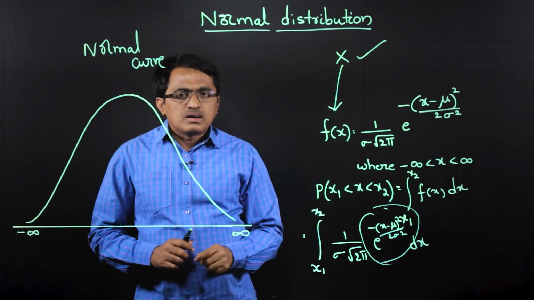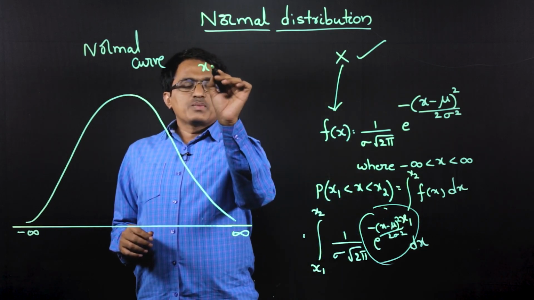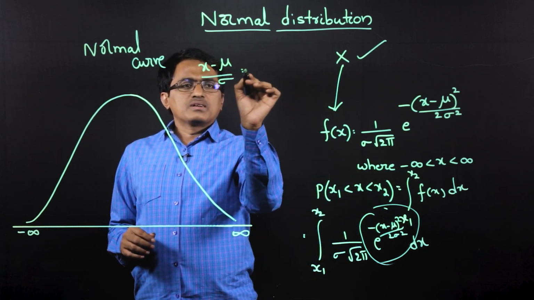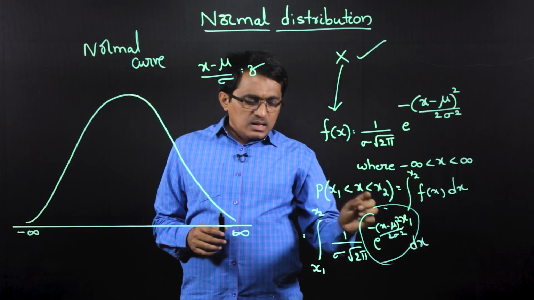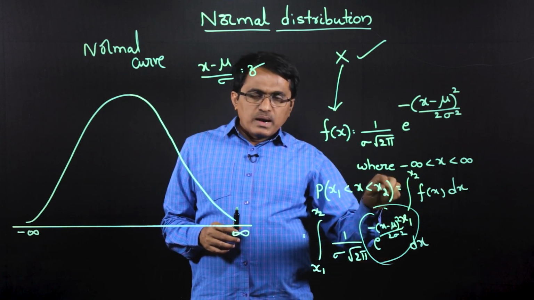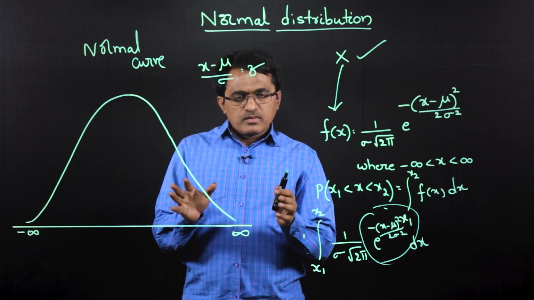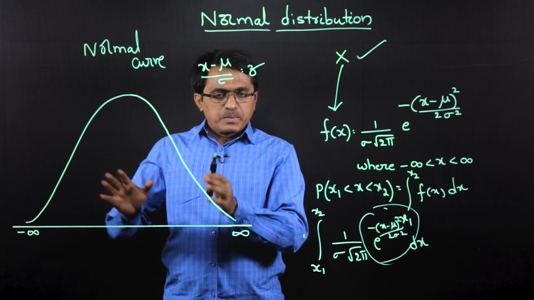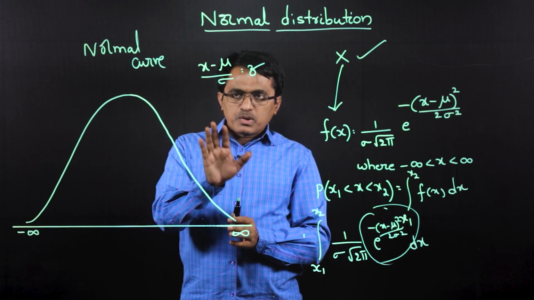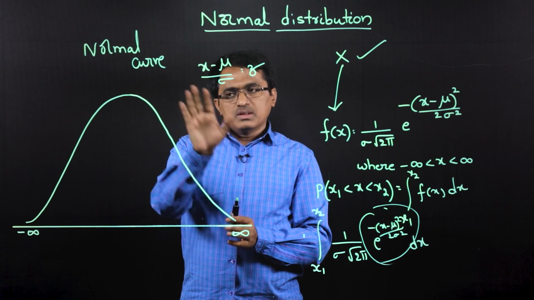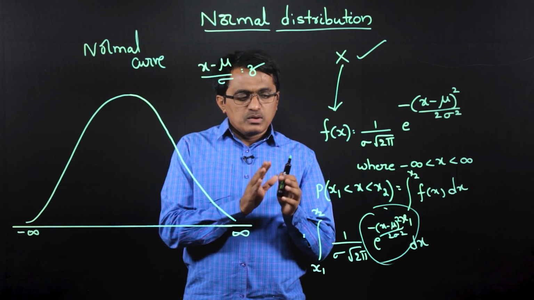How to convert? By using the transformation (x minus mu) by sigma equal to z. Then this becomes an integral of e power minus z square by 2 dz, which is evaluated, and for a given set of values the normal distribution tables are prepared. So, we convert the given problem into standard normal distribution, then use the tables to find the probabilities.